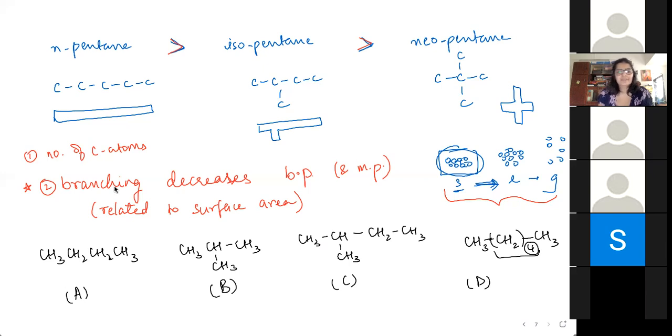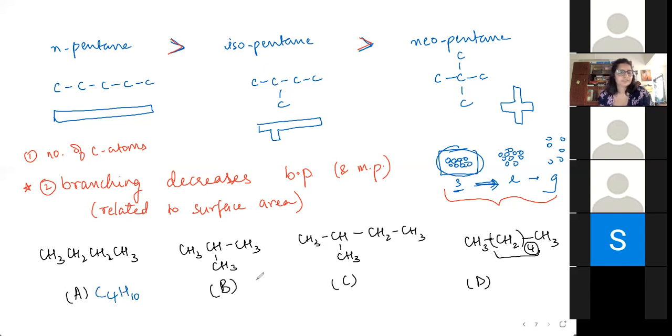In the middle, based on number of carbon atoms, how many carbon atoms are there in compound A? 4. How many carbon atoms in compound B? So this is C4H10.